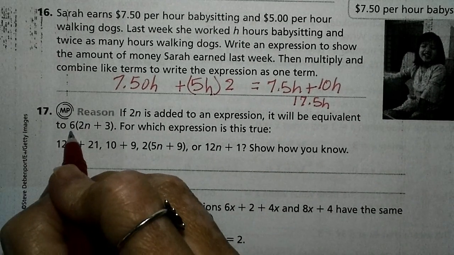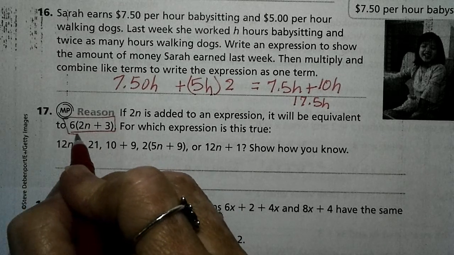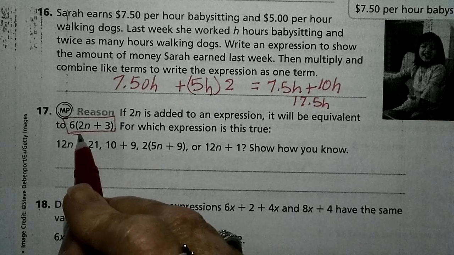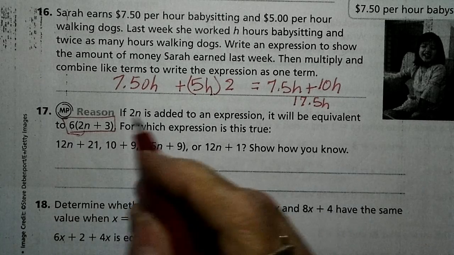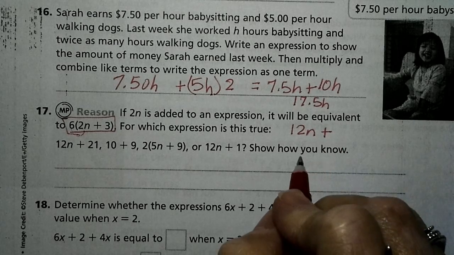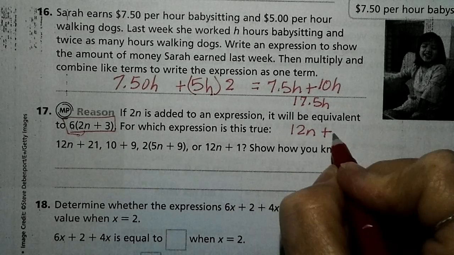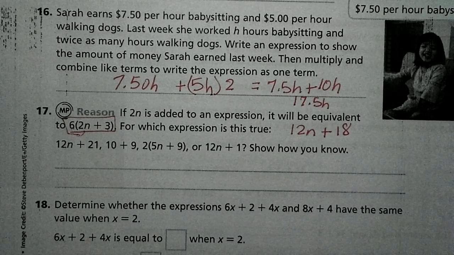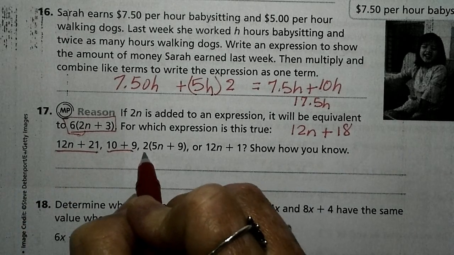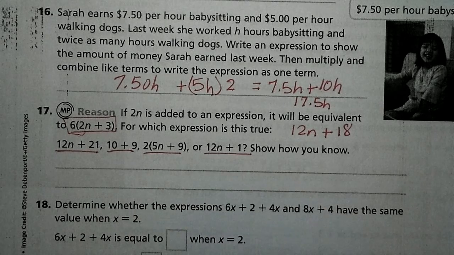This is the expression, the original expression. So if I distribute, I get 6 times 2, which is 12n, plus 6 times 3, which is 18. So we are trying to get these statements to be the same.